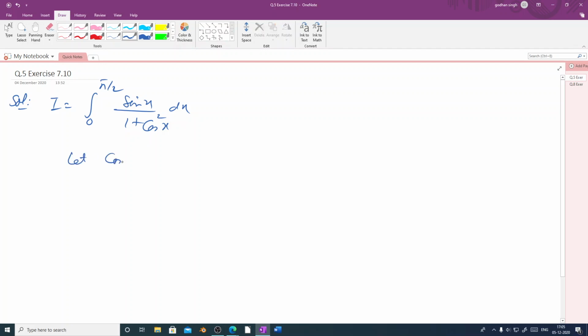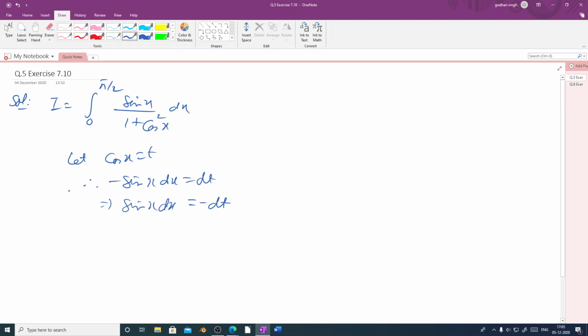Let cos x equal t. Therefore, we'll be getting minus sin x dx as dt, or this implies sin x dx is equal to minus dt.